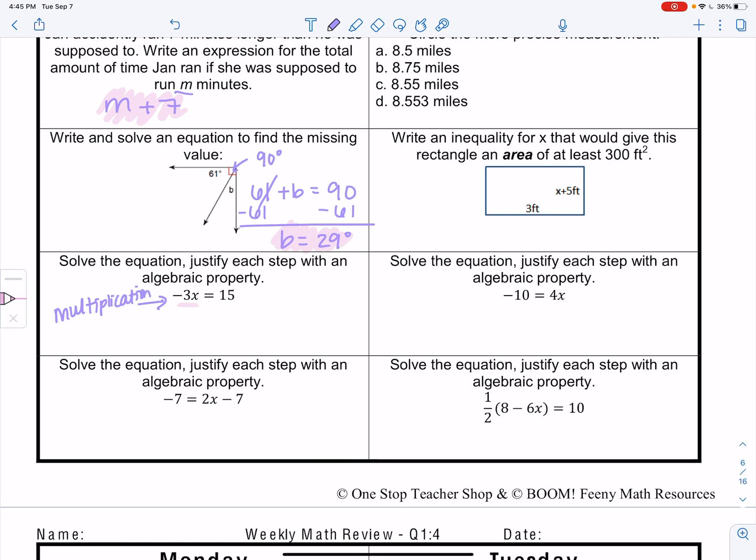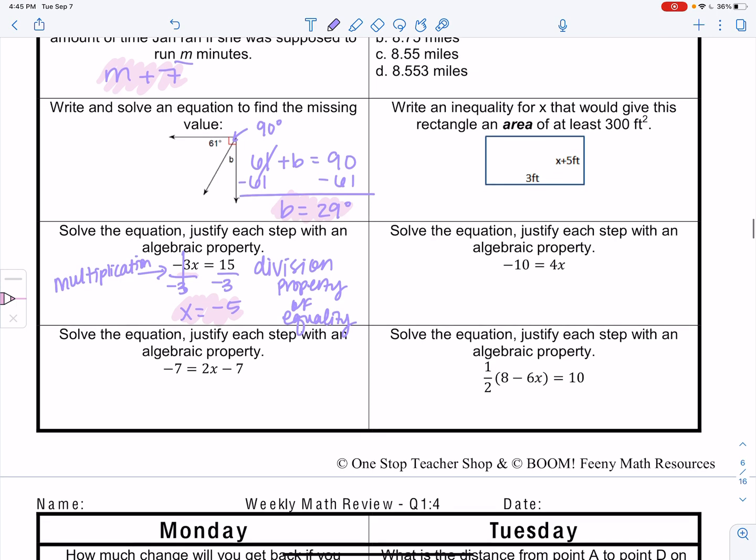So the property that we're using this time is the division property of equality. Okay, so we'll divide both sides by that coefficient. And so then we get that x is equal to negative 5. And we're done there.